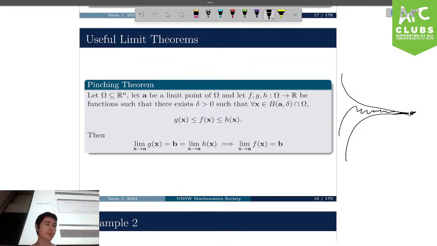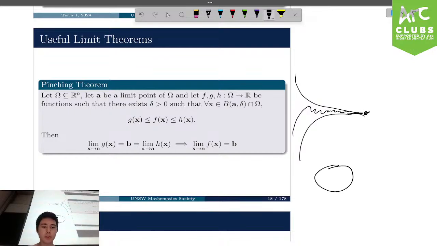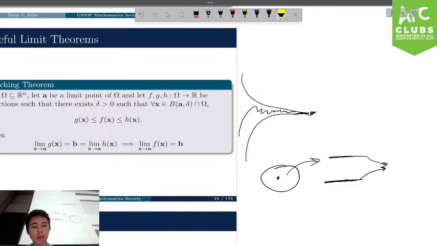functions, right? Function mappings. So what I'm really trying to say here is that within some ball of inputs, if everything here is sandwiched between one value and another value, then if those two functions satisfying this inequality, at any of those points within that space, converge to a point, then your intermediary function must also hit that point, okay?